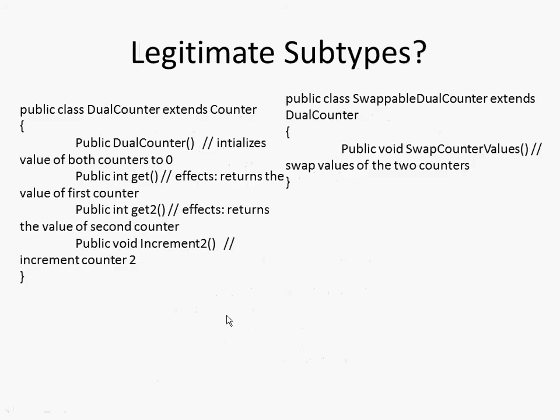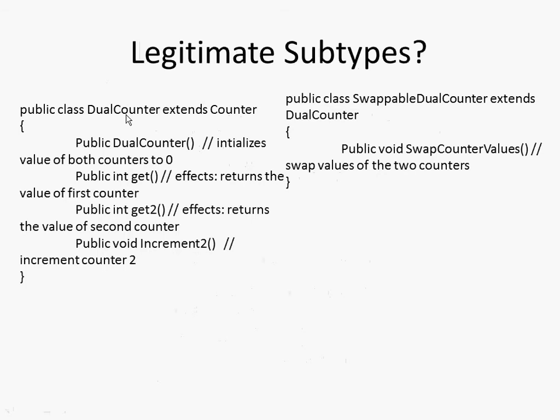Okay, how about this? Here's a dual counter. The dual counter maintains the normal counter, but it also has an extra counter with it. So it has get for the normal counter, but it has a second counter also, and a second increment for that other counter.